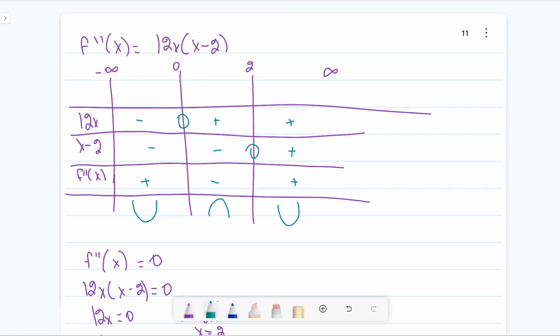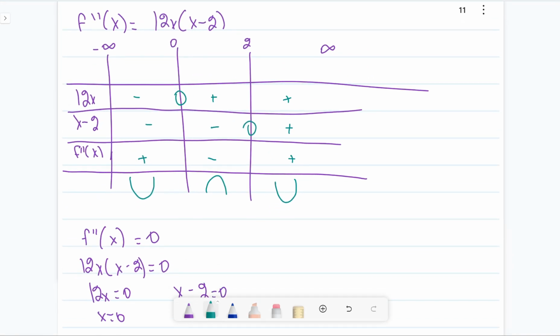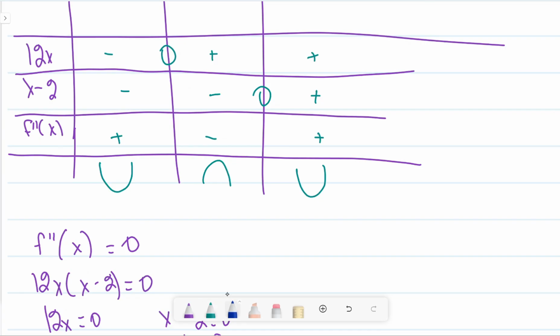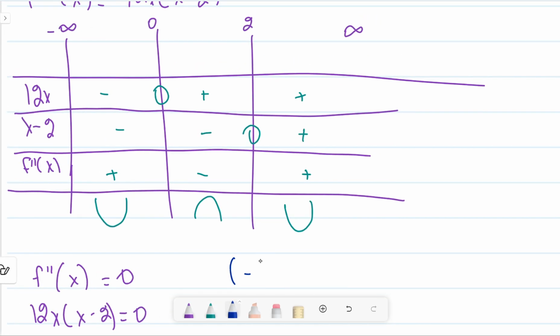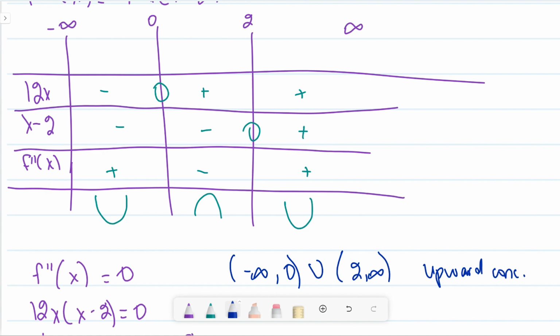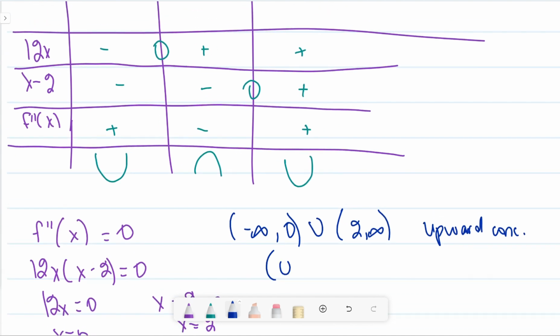So what does this tell us? First, to identify concavity, we can write this as intervals. From negative infinity up to 0 union 2 to positive infinity, we have upward concavity. And from 0 to 2, we have downward concavity.